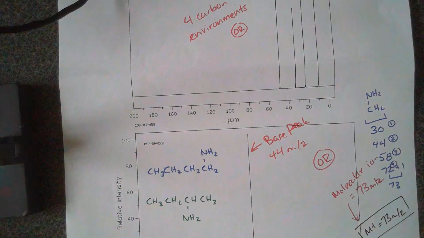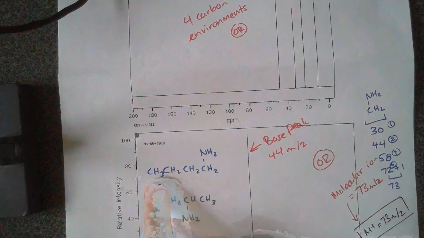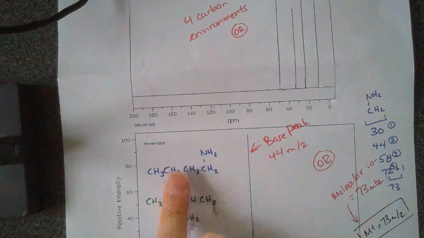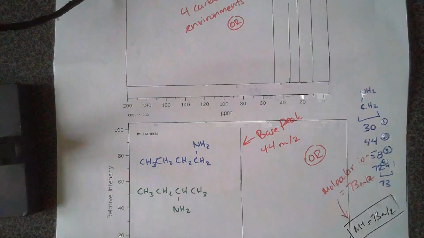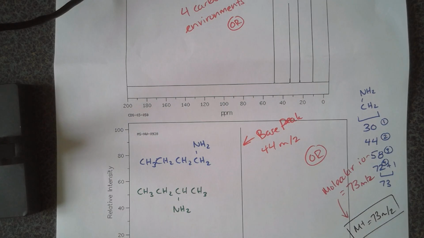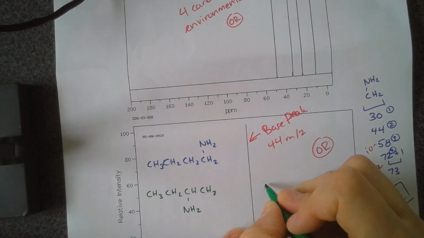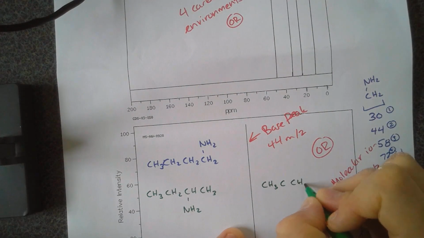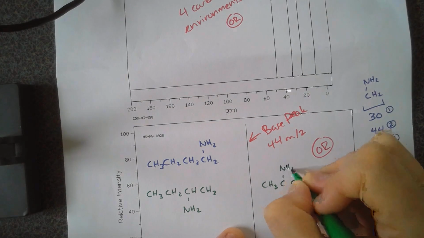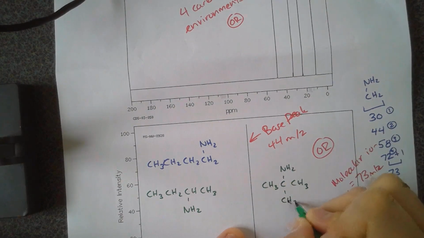What happens if I branch it? If I did a 3 carbon chain with an amine and a branch off of it. You want me to draw it so you guys can see it? Yeah. All right, so let's say, for example, I do CH3, C, CH3, NH2, CH3.